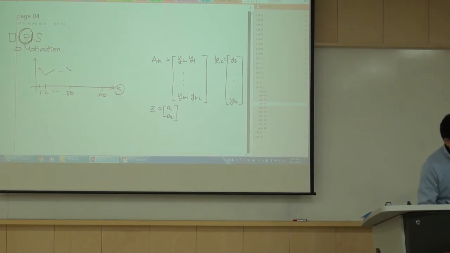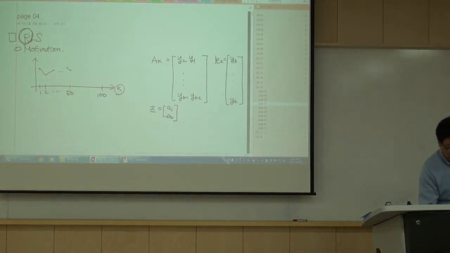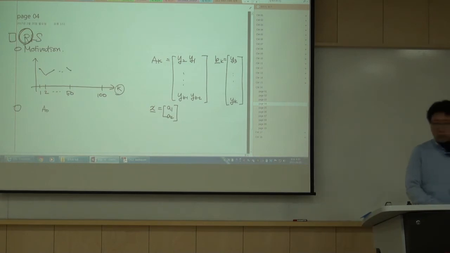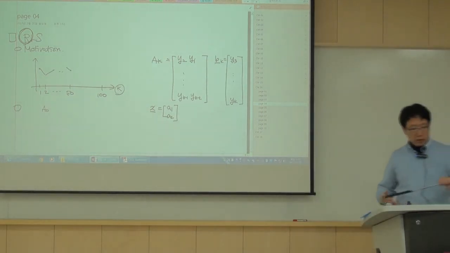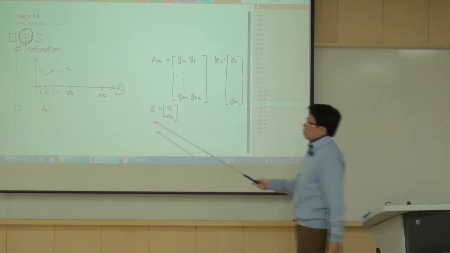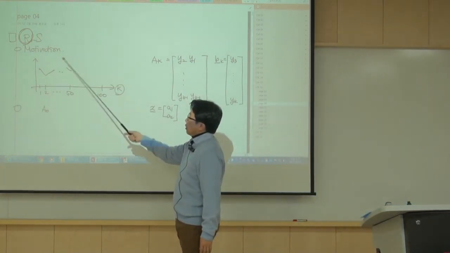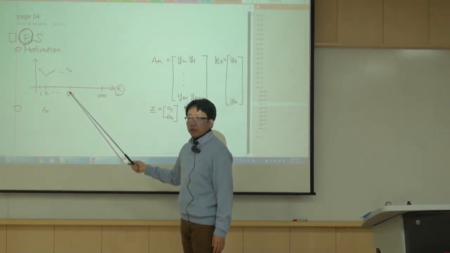Without loss of generality, suppose that we have this case. A0 is, for example, the A matrix obtained by using the first 50 observations.